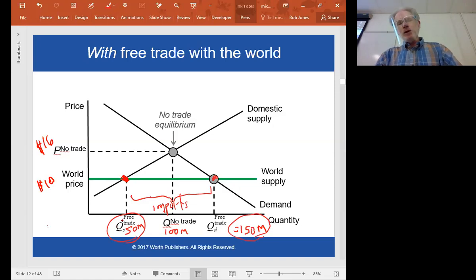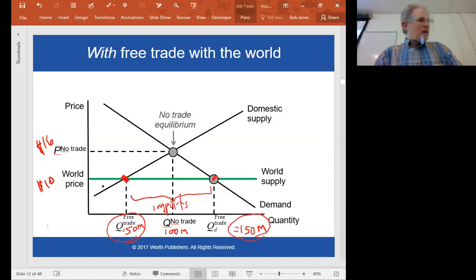When we have foreign trade, will we always be importing? Well, obviously not. There are going to be some products, many products, where U.S. producers have a comparative advantage and where the world price is going to be higher than the domestic price.